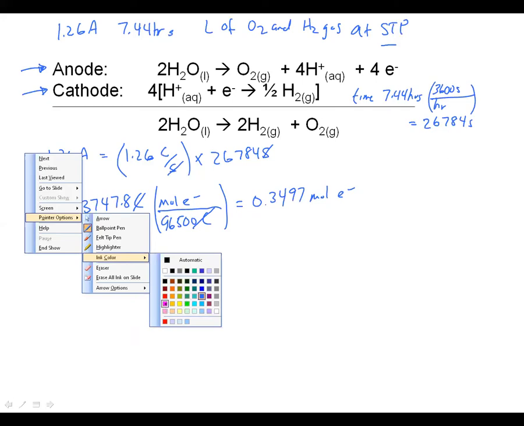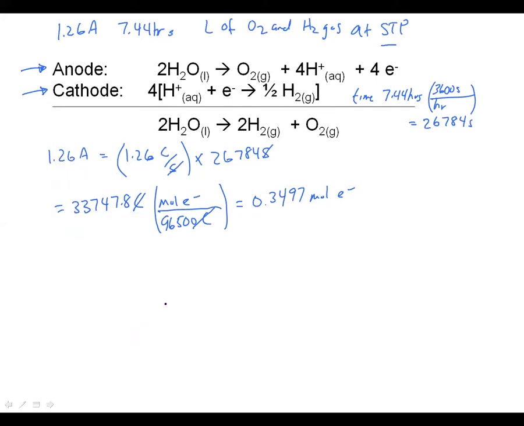So for example, if we look at our anode reaction here, in terms of oxygen gas, for every 1 mole of O2, you get 4 moles of electrons. So much like stoichiometry, for our moles of O2, we start with our electron moles.